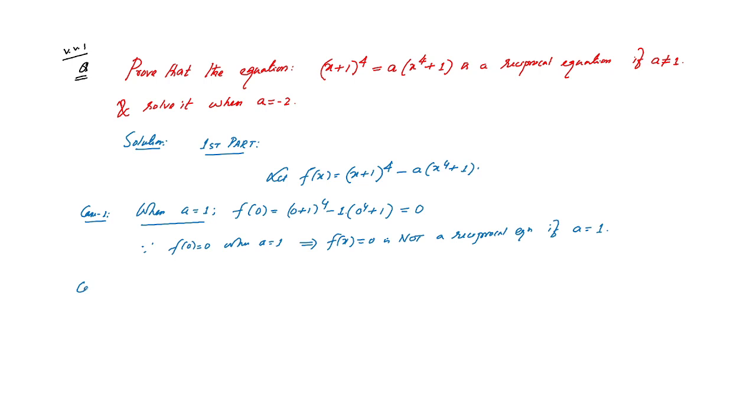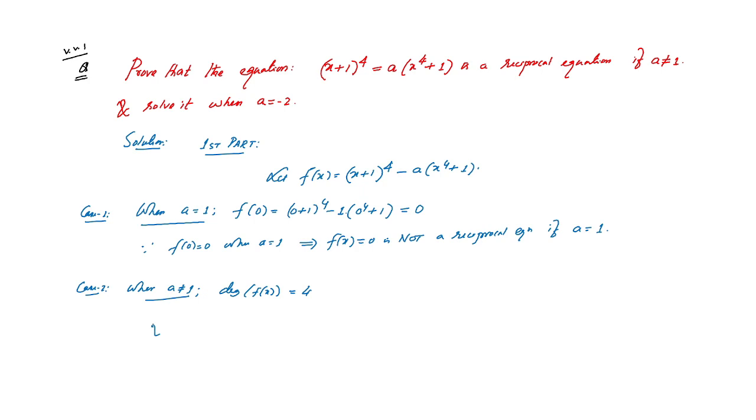Now we come to case 2, when a not equals 1. Because it is given, you need to prove the reciprocal equation if a not equals 1. Because we proved a equals 1 is not a reciprocal equation, now when a not equals 1, we'll check what is happening here. So you will see the degree of f(x) is basically 4.